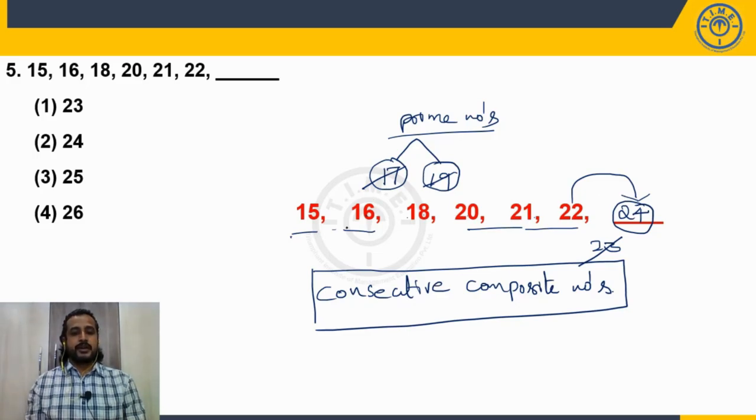How are we able to identify this? We observed the given numbers and focused on the missing numbers. 17 and 19 are missing, which are nothing but prime numbers. So prime numbers missing means non-prime numbers or composite numbers. Okay, but what is the major difference between composite numbers and non-prime numbers? In non-prime numbers, 1 is also included, but in composite numbers, 1 is not included. 1 is neither a prime nor composite.